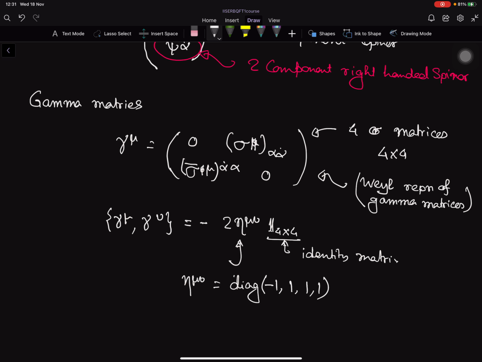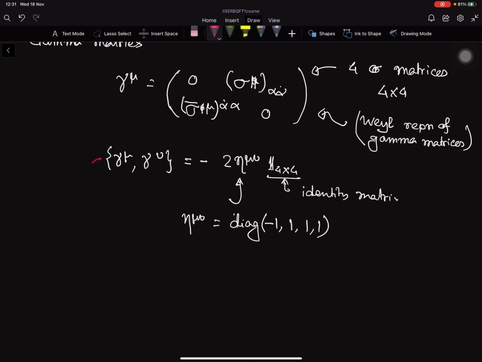Okay, and this anti-commutation relation is known as the Clifford algebra.